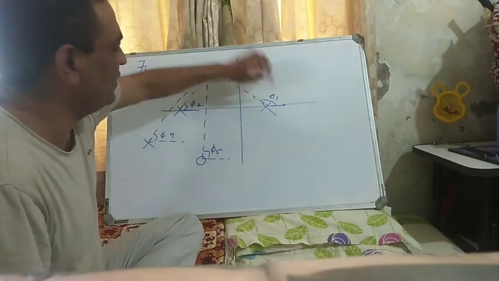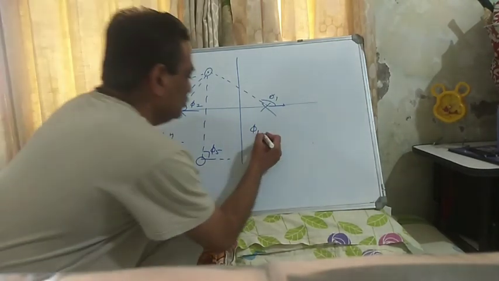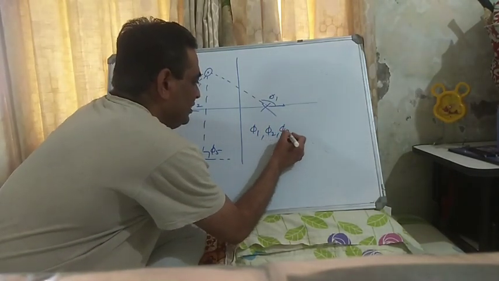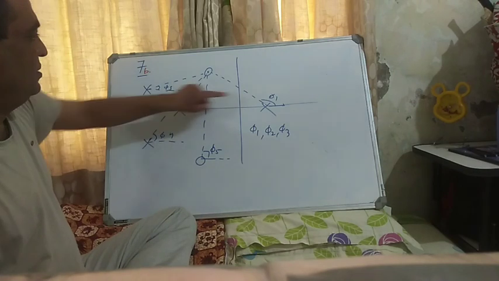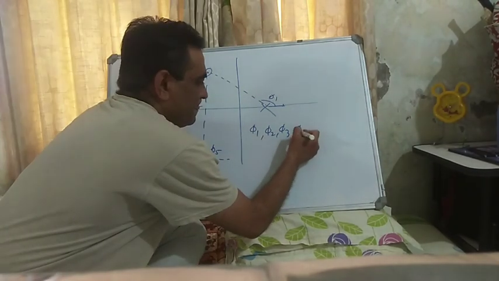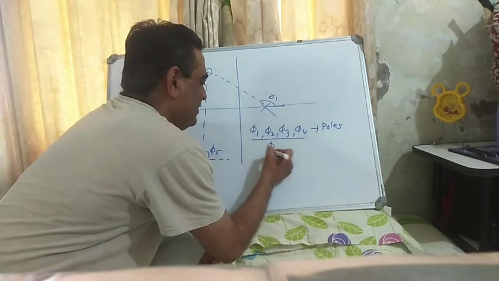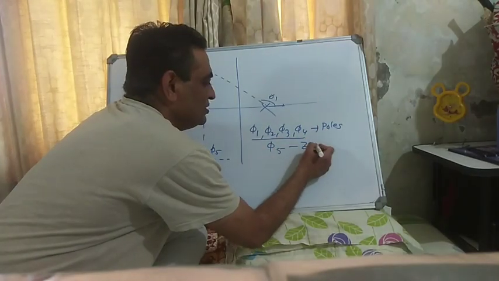So we know that phi 1, phi 2, phi 3, phi 4 are due to poles, and phi 5 is due to the zero.